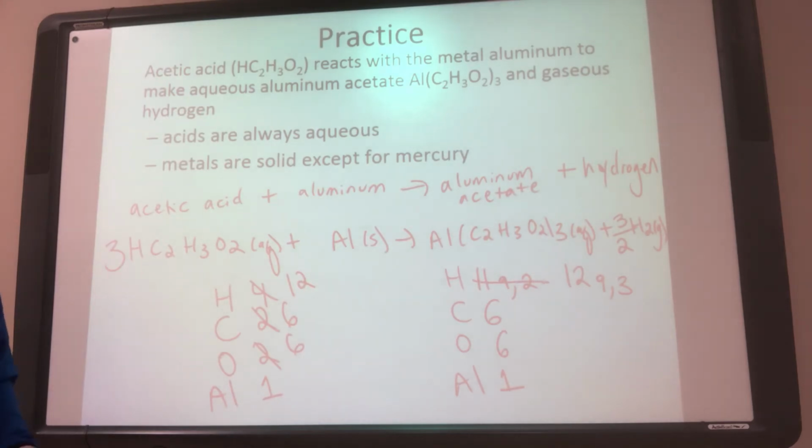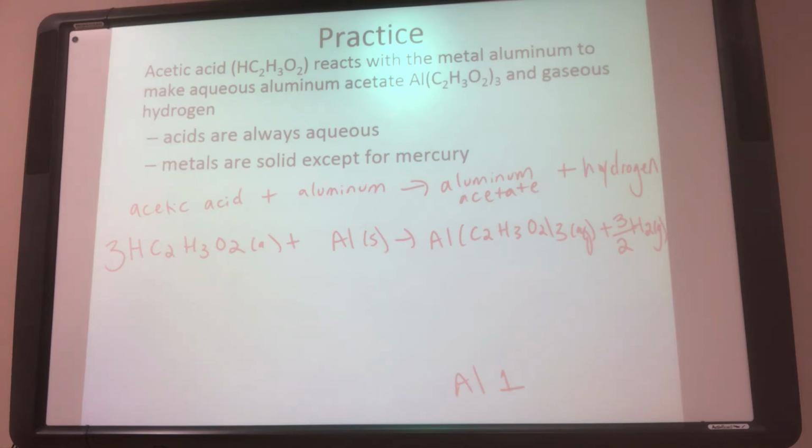But am I done? I have a fraction, so what do we have to do? To get rid of my fraction, I have to multiply everything by the denominator of the fraction. So the denominator of the fraction was a 2. So I need to multiply everything by a 2.